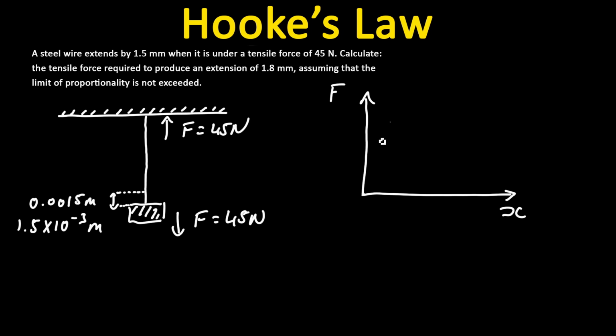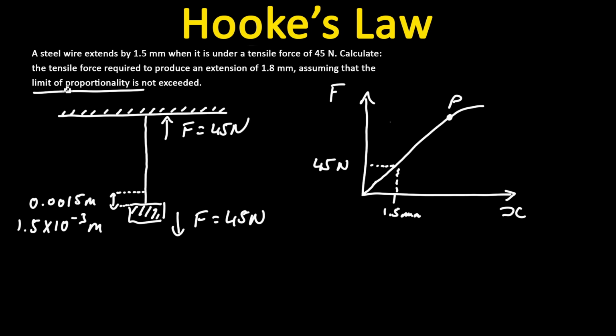Now, according to Hooke's law, the extension is proportional to the force up until the limit of proportionality, or P. So under these conditions, we're still in this region here. We haven't gone past this point. So let's say this is 1.5 millimeters, and we've achieved this with a force of 45 newtons.